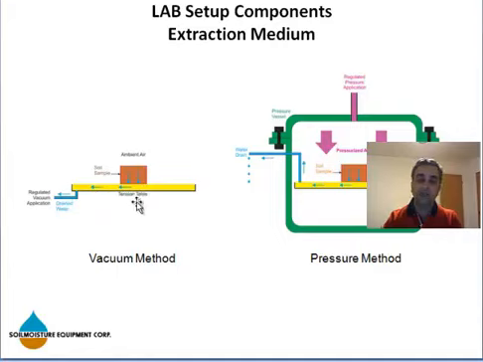And let me explain. For example, you put your saturated sample on a tension table, and as I said, you start applying vacuum to the vacuum port, and water goes from your sample into the sandbox or into the ceramic plate and drains out of the system.